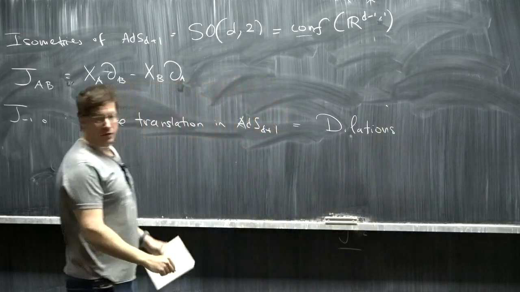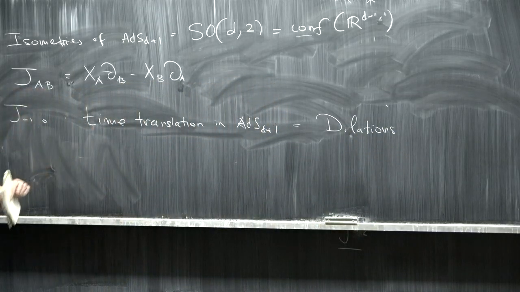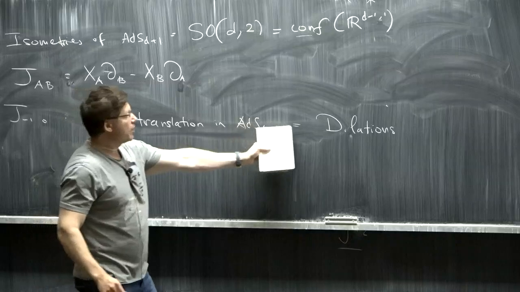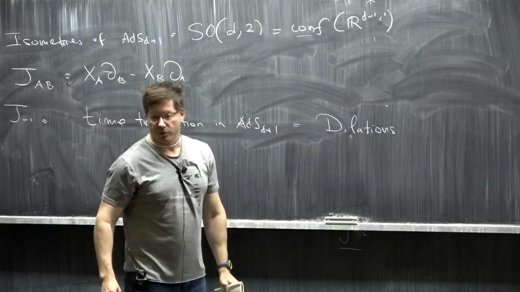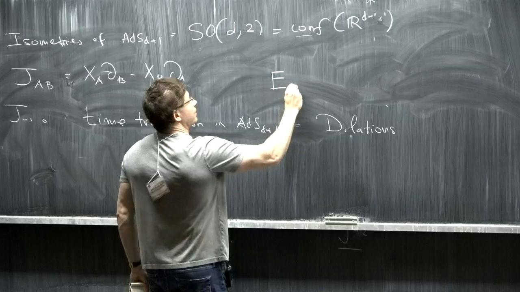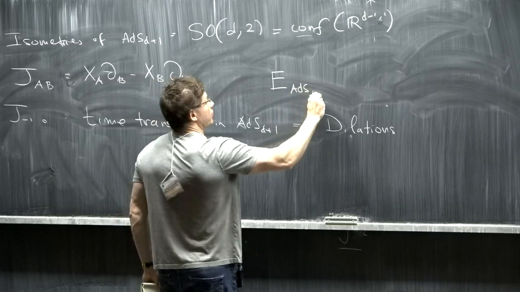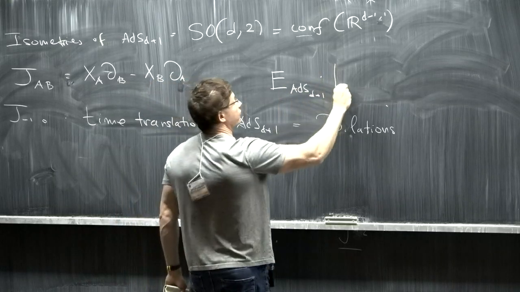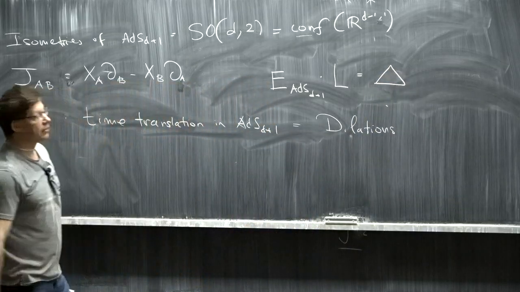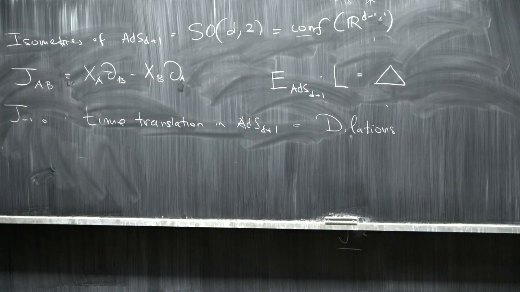And therefore, there is a correspondence between the energy in AdS. It's just a representation theory correspondence. It's not something deep yet. So the energy in AdS_{d+1} is the same as the scaling dimension in conformal field theory. So you get a nice formula: the energy in AdS_{d+1}, if you multiply it by the radius of AdS, you gets the scaling dimension in the conformal field theory in d dimensions. That's the correspondence.